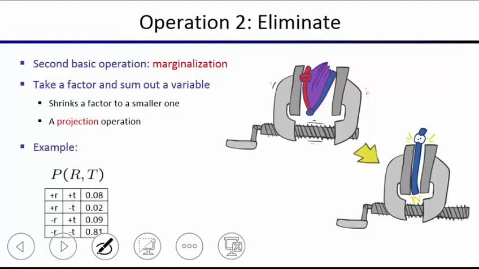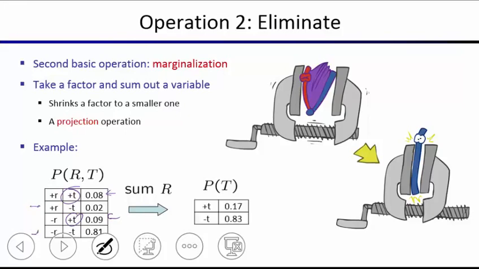Okay, so here's an example. We have a full joint distribution over R and T. We want to sum out over R. What that means is we just retain T to get entries for the resulting table, which only has T in it. The entries for plus T will come from summing together all consistent entries with plus T. So it'll be 0.08 plus 0.09. And then the entry for negative T will come from summing together the entries consistent with negative T. And here's our resulting table.